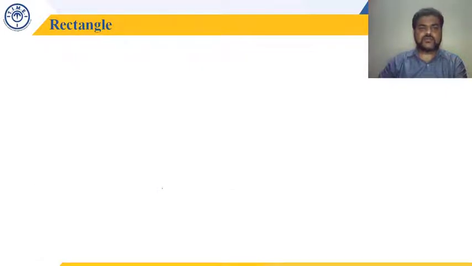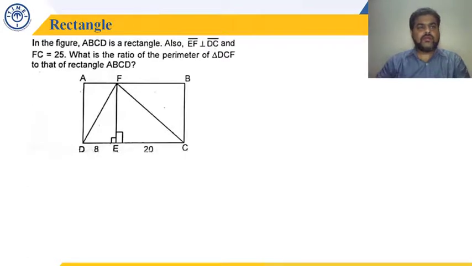Let's look at a question here based on rectangle. So this is a figure. The figure is given in the question. The figure says ABCD is a rectangle, and also the line segment EF is perpendicular to the line segment DC. So EF is perpendicular to CD as you see in the figure, and FC is equal to 25.